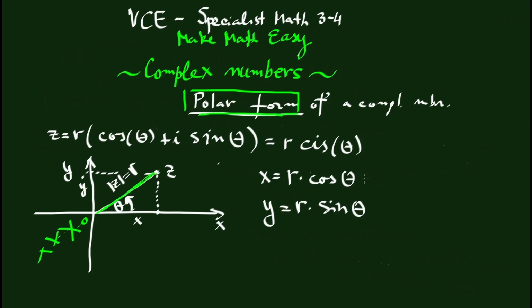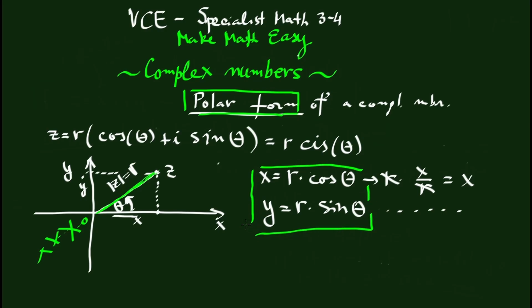Cosine is x divided by r. So you have r times x divided by r, which obviously is x. Similarly here. So to remember, x is r cosine theta, y is r sine theta.